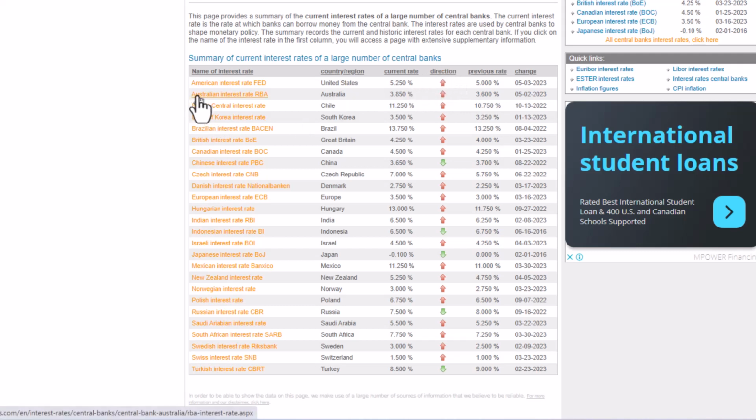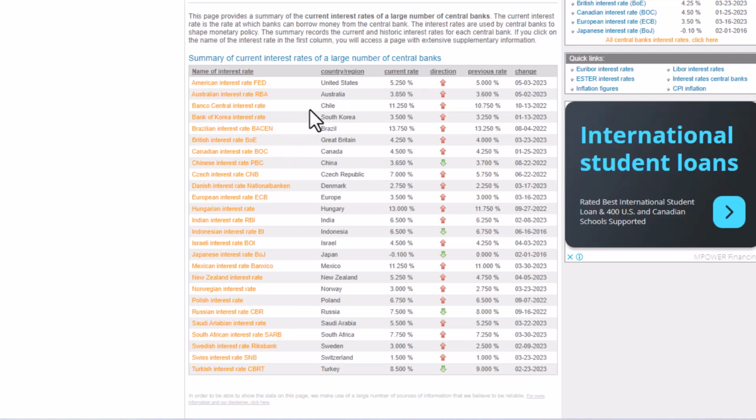So you can see the Australian interest rate, that is AUD, the Australian dollar. You see 0.850 percent. The previous rate was 3.6, meaning they have added around 2.5. So it is increasing, right? When we are going to find a pair to trade, you need to compare what?